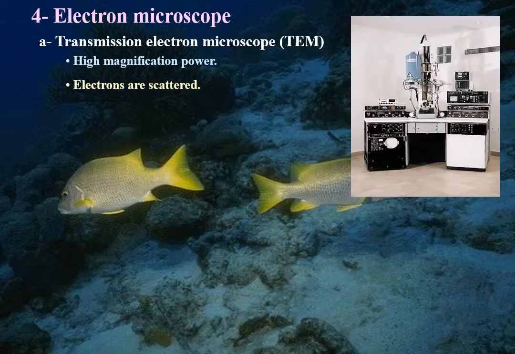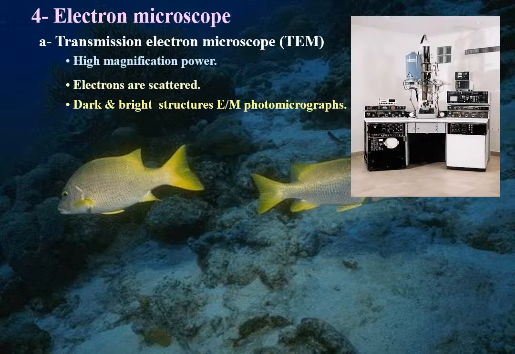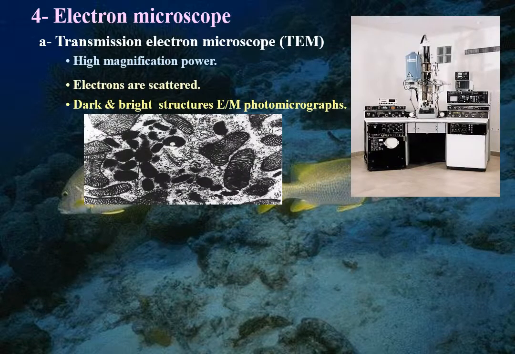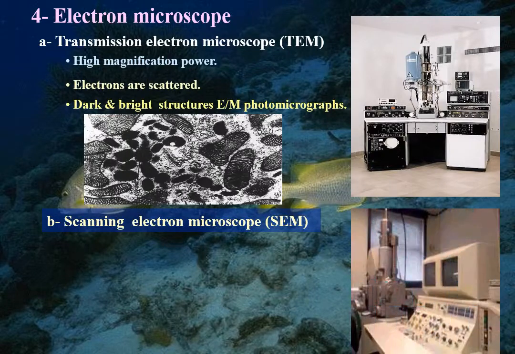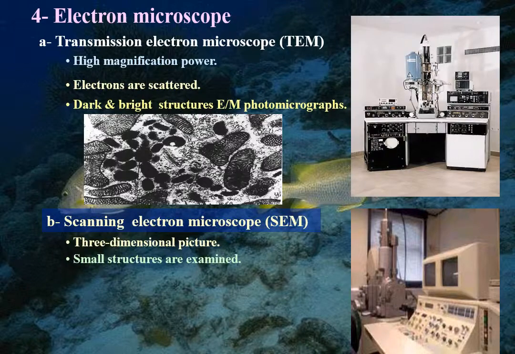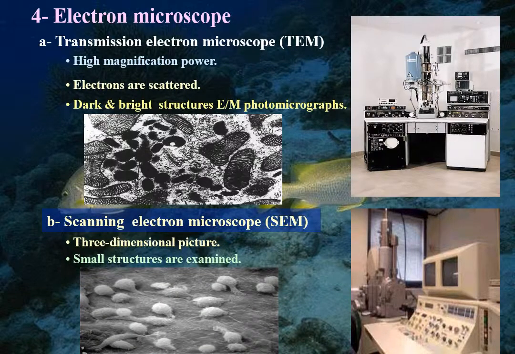So, some structures appear dark and others appear bright in electron photomicrographs. Scanning electron microscope is a special type of electron microscope which gives a three-dimensional picture of the specimen, by which very small structures as a whole, such as RBCs, could be examined.